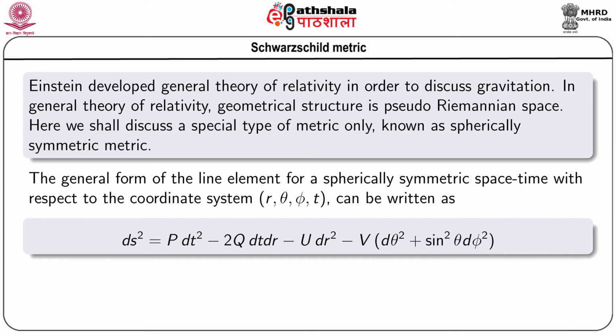This is the line element ds square equal to p dt square minus 2q dt dr minus u dr square minus v times the bracket d theta square plus sin square theta d phi square. T is the time coordinate here, and r, theta, phi are the space coordinates.